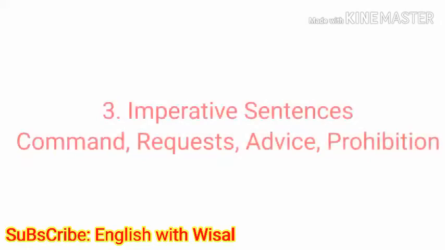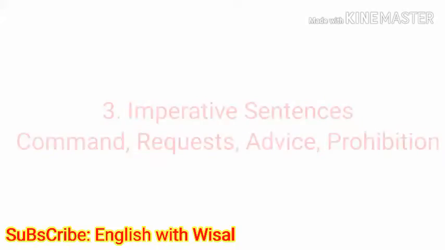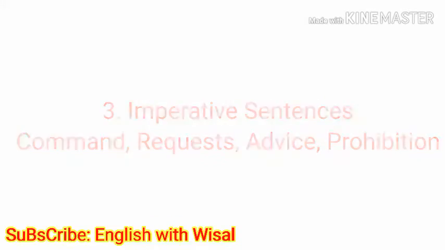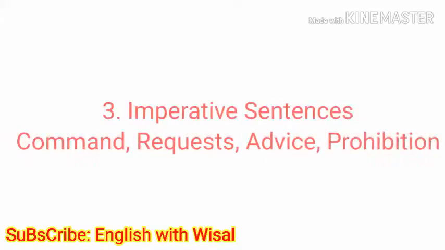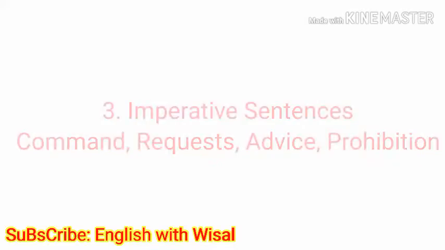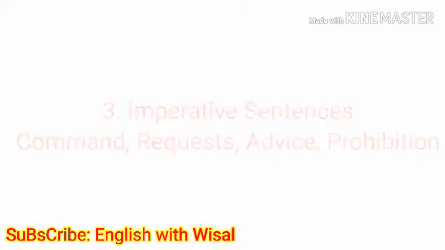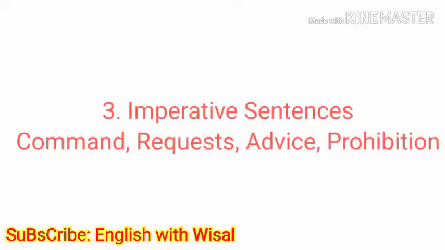For example, do not go there, do not talk, do not stand here, don't do it, don't touch it, don't use it without my permission, don't try it, don't talk, don't make a noise.